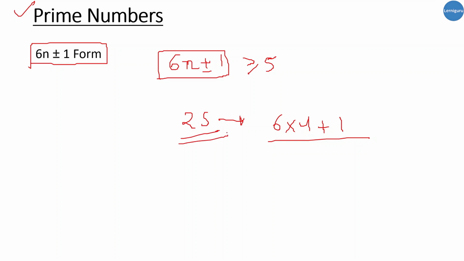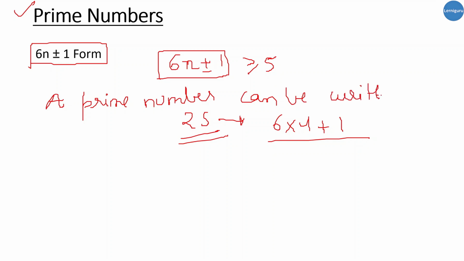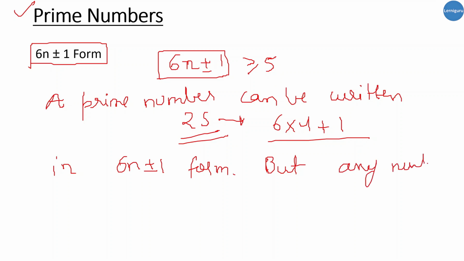So what it means is that a prime number can be written in 6n plus minus 1 form, but any number that can be written in 6n plus minus 1 form may or may not be a prime number.